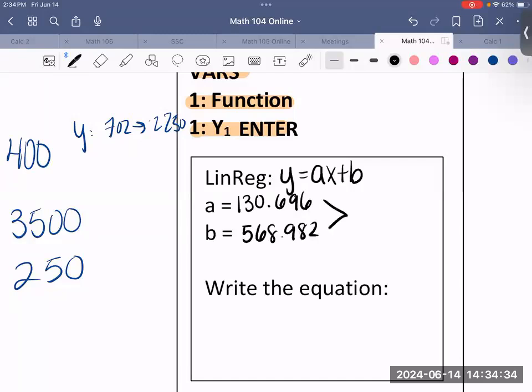So putting these together, y equals 130.696x plus 568.982. Okay, so this is your equation written out with 3 decimal places.